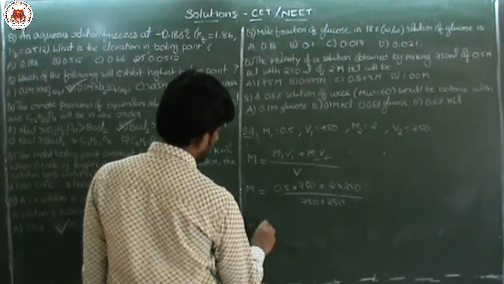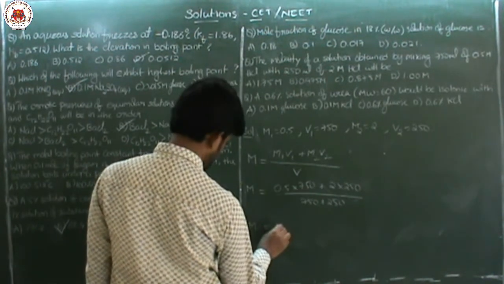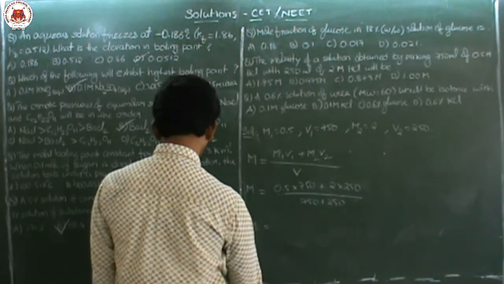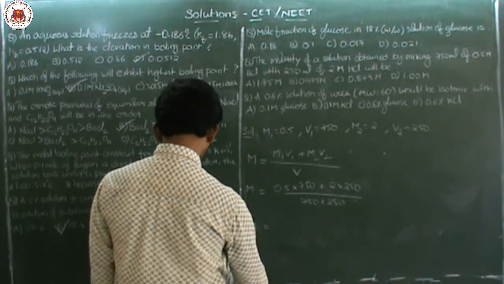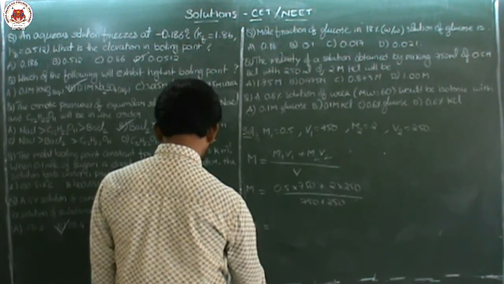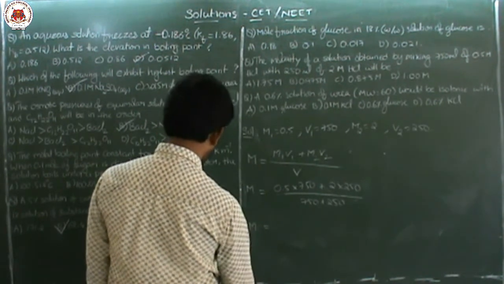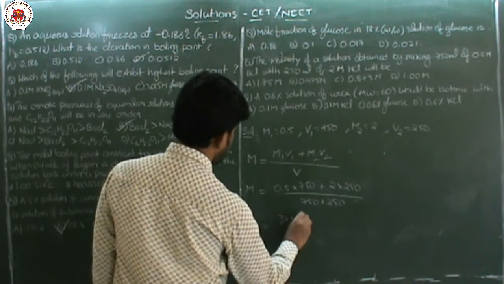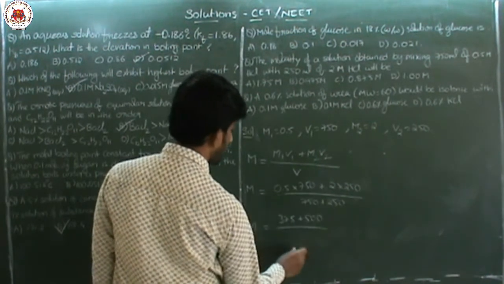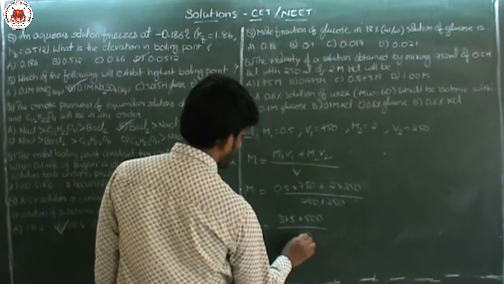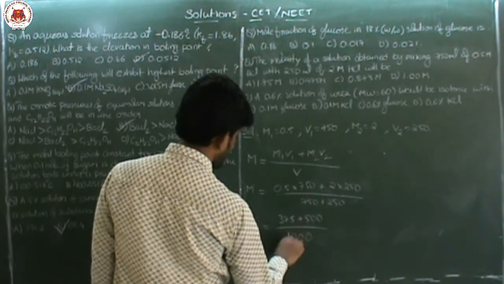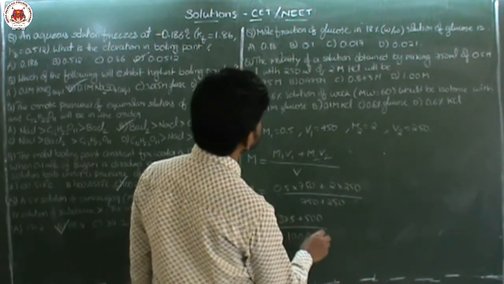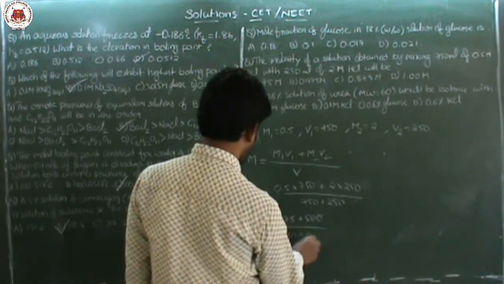That means the molarity is 0.5 into 750, which is 375, plus 2 into 250, which is 500, divided by 1000.